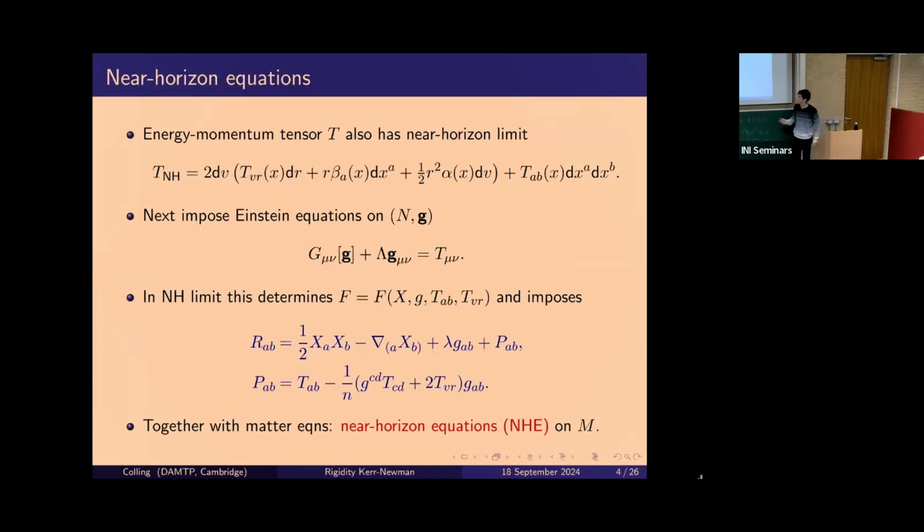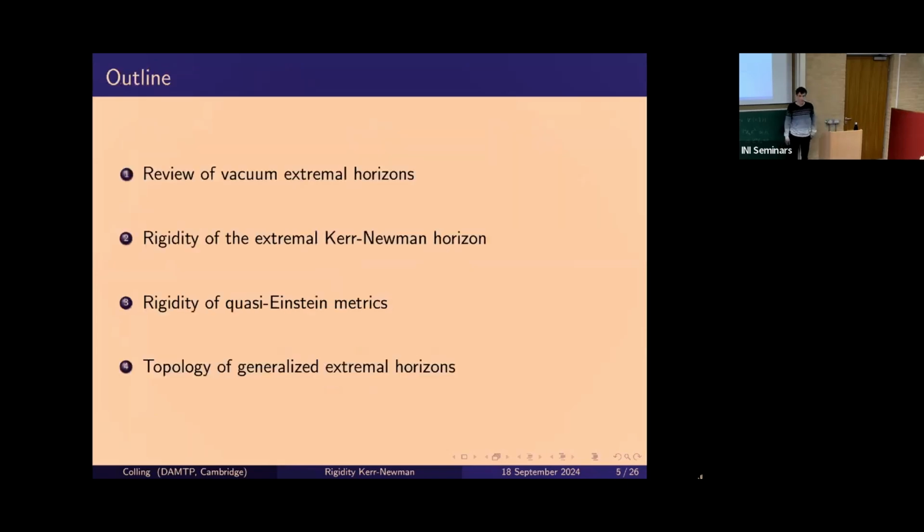So the outline of my talk: I will start with a brief review of the vacuum near horizon equation, which is what James talked about. And I'll review this Dunajski-Lucietti method of finding a Killing vector. And then I'll consider two extensions of these arguments. One is to Einstein-Maxwell theory, so we include a Maxwell 2-form. And the second extension is to the quasi-Einstein equation, which also has appeared this morning.